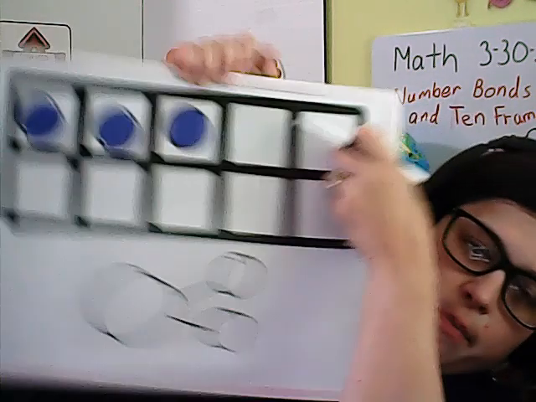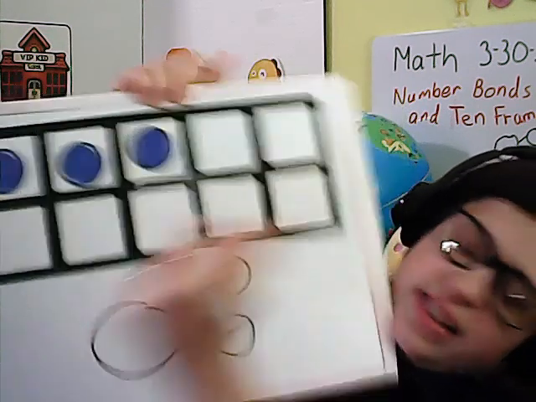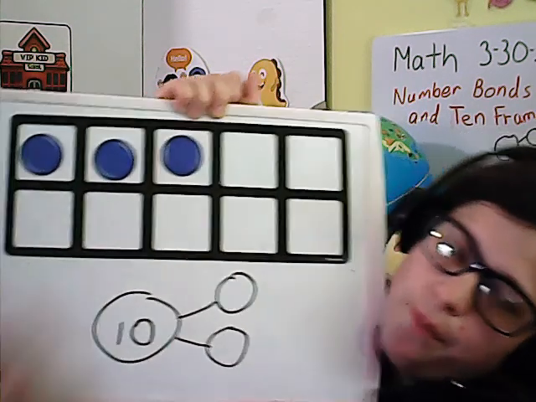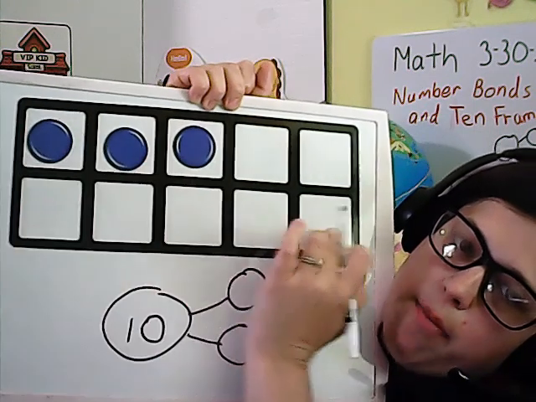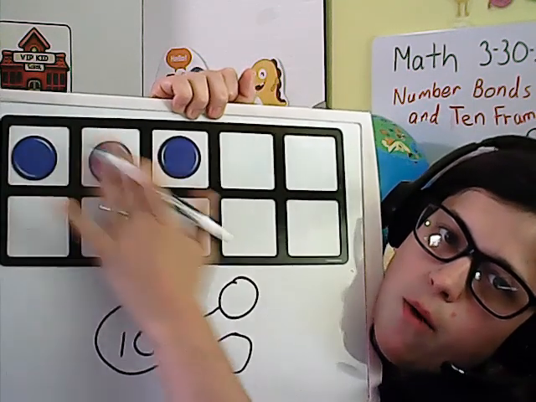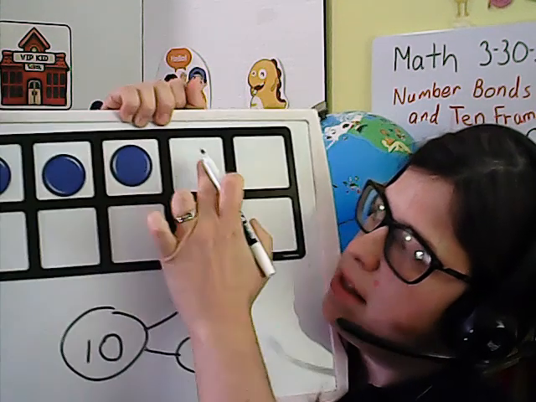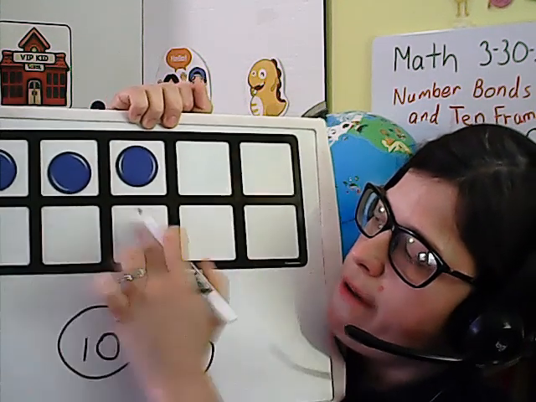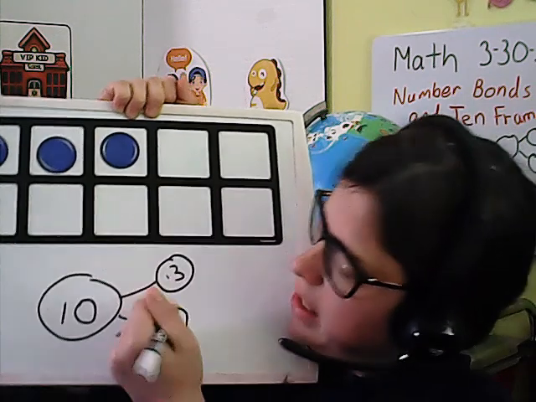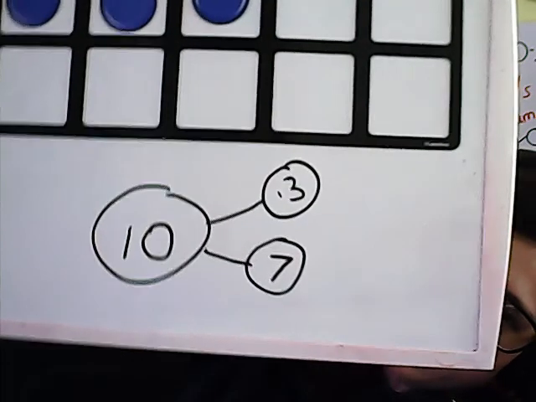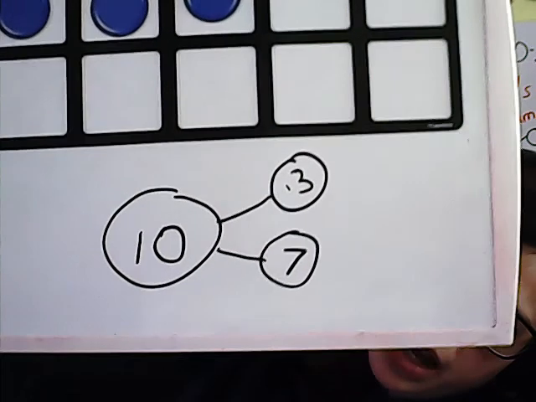The 10 frame has 10 as a whole, and my parts are 3 filled spaces, and 7 empty spaces. 10 is 3 and 7.